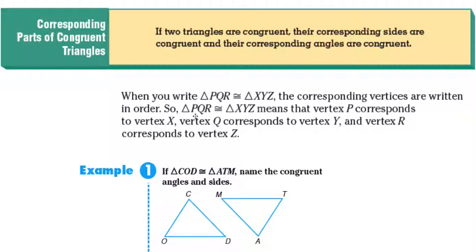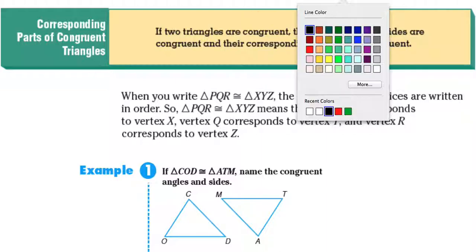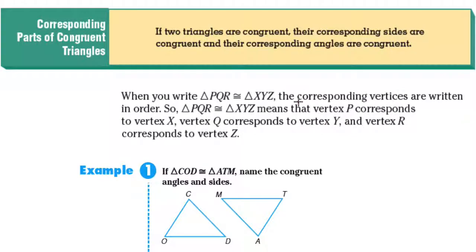This seems trivial, but remember it: when you say two triangles are congruent, the corresponding vertices are written in order as well.